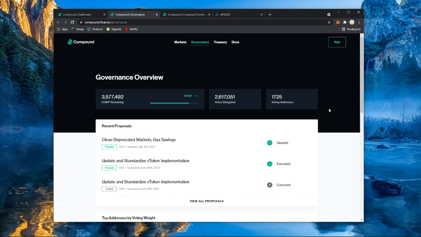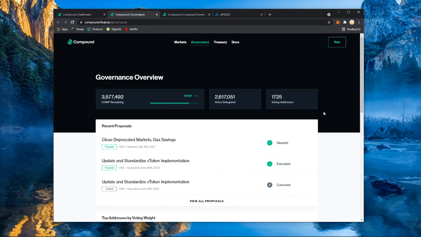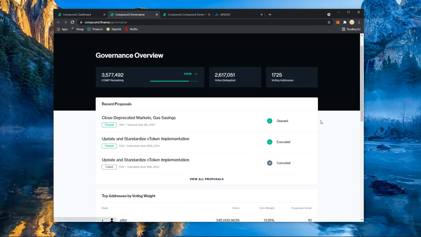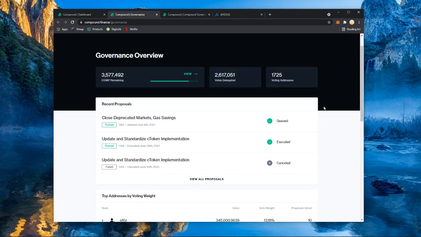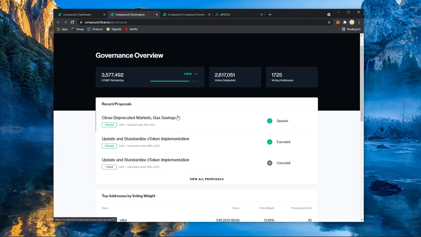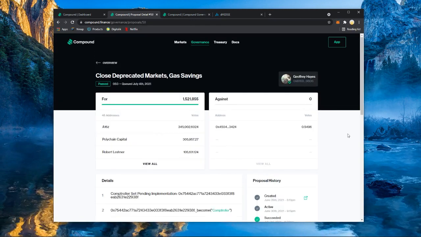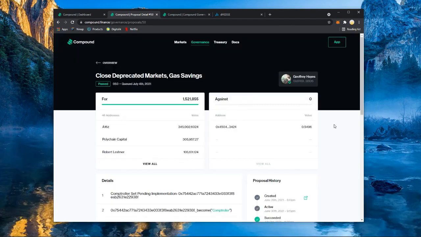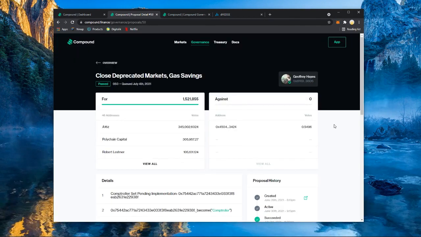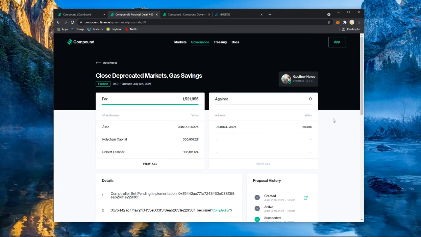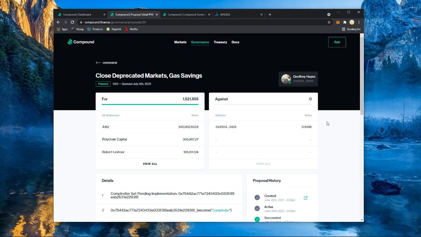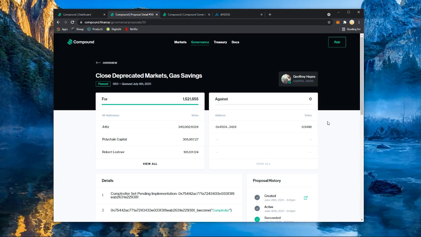How Compound works in its governance is based on the voters that hold Compound. If you hold Compound, then your voting power is 1-to-1 with the amount of Compound you hold. This allows you to participate in the passing of updates to the Compound system. As Compound is still very young, a lot of it has to do with making updates or optimizations, so votes tend to conclude unanimously in most cases.